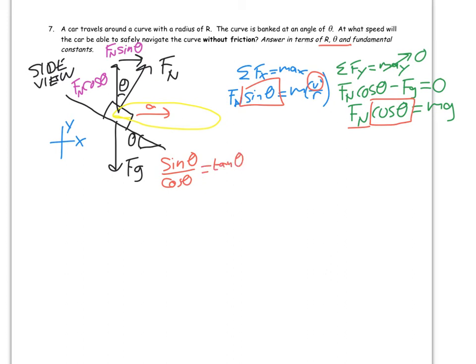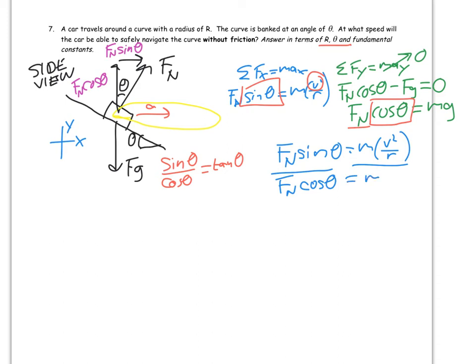So what I think is a really, really nice thing to do is take that x equation, Fn times sine of theta equals mv squared over r, and divide it by that y equation, Fn cosine of theta is equal to mg.